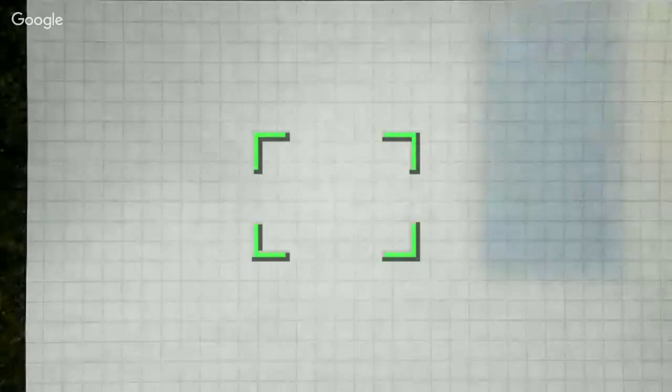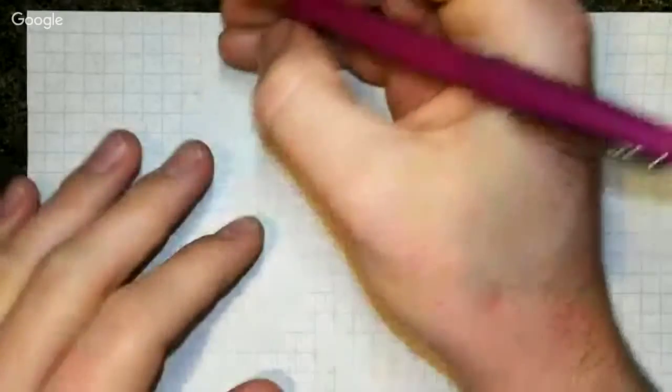Okay, our next example, we've done one where we found the rate of change from a table. We found the slope using a graph. So now let's find slope using points.